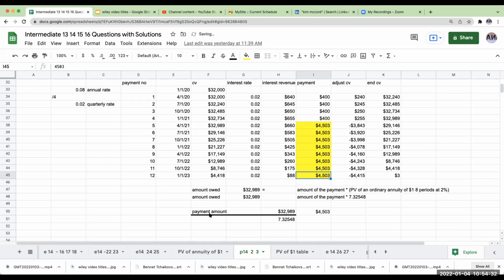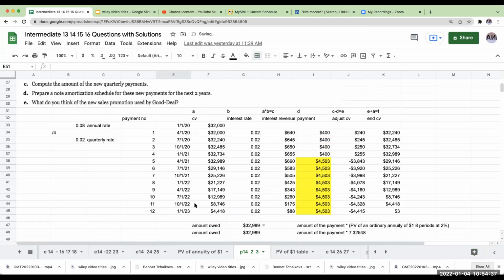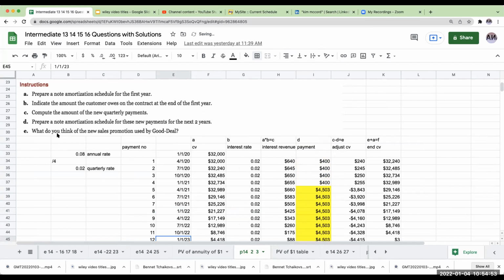The payment is jumping from 400 to 4503 because of the shortened time period. So what do I think of the new sales promotion? It's not good for the customer, and you're probably going to get on some kind of reality TV show or one of those news programs on fighting back for consumers, right?